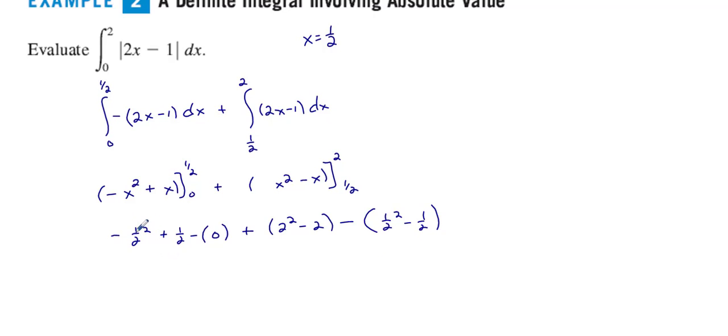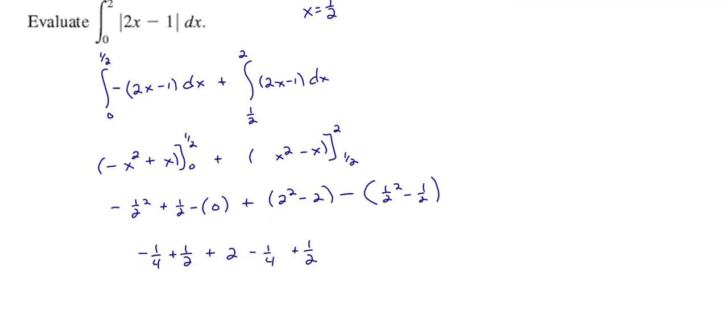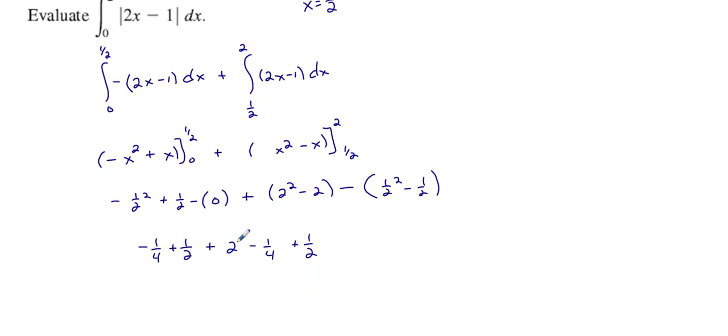The power first would be 1/4, and negative, so negative 1/4 plus 1/2 minus 0. 4 minus 2, 2. That'd be 1/4, so negative 1/4, and then plus 1/2. All right, negative 1/4 minus 1/4 is negative 2/4, which is negative 1/2, which will cancel another half. So we got 2 plus 1/2, 5 halves. Is that what you said?